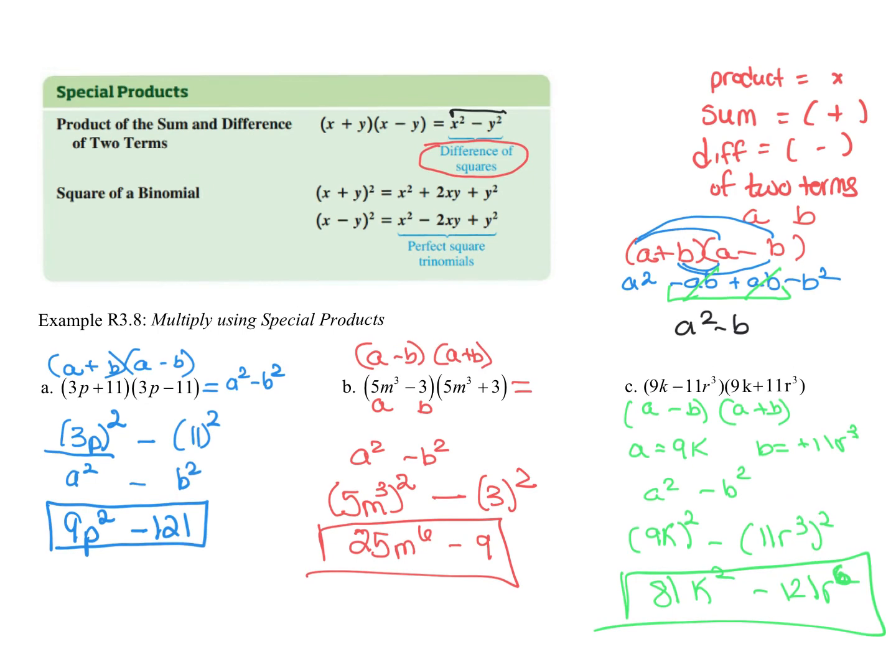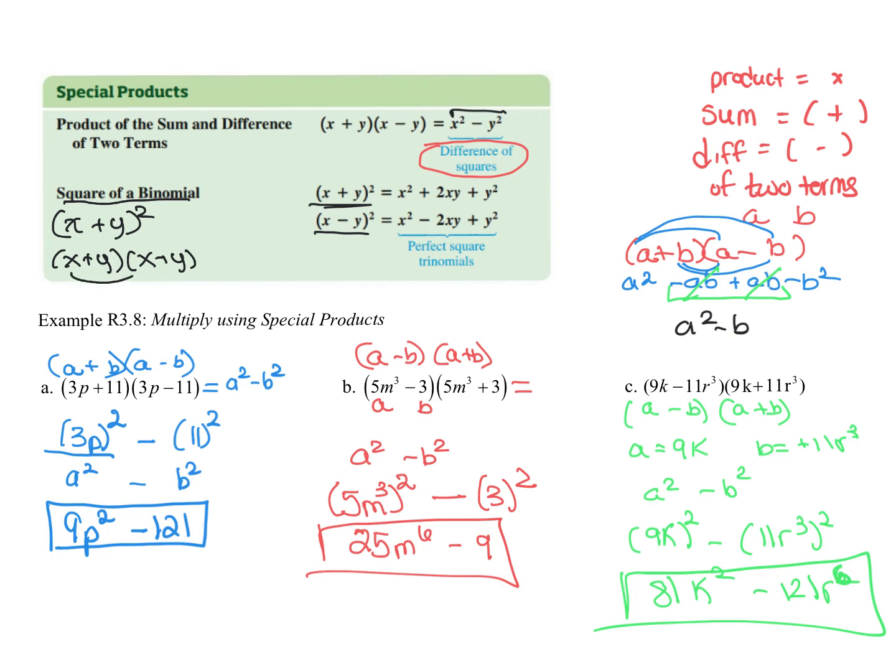So let's go back up and look at this other factoring pattern that we didn't talk about yet. It's a square of a binomial. So if you take a binomial, two terms, and you put a square on the outside, either a plus or a minus version. I'm going to show you, we'll do the plus version first. So that means x plus y times x plus y.